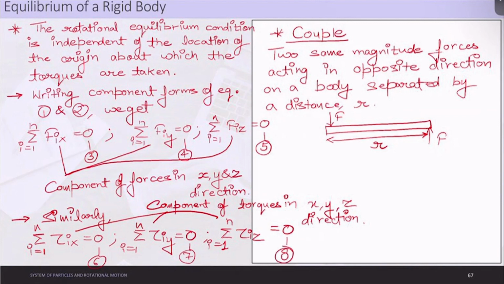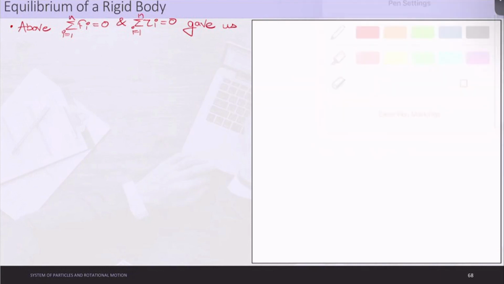Right? So from the first and second equations, we have now derived six different equations. Let me write, therefore: the above equations, which were summation Fi equal to 0 and summation tau i equal to 0, where I is from 1 to n, gave us 6 independent conditions.